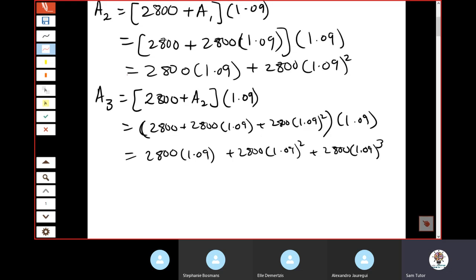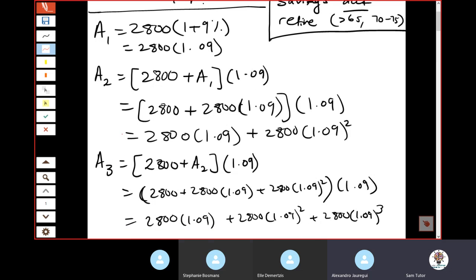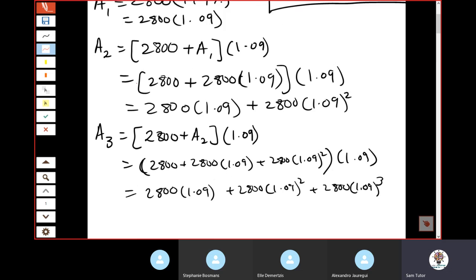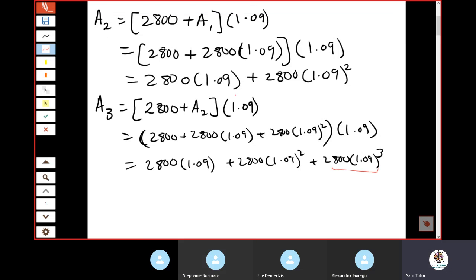The first one you put in, the very first one I put in here, if I'm in my 3rd year, how many years has it grown now? 2 times. Well, technically, but let's just say you put it in at the beginning of the year, and then you're at the end of the 3rd year. So technically it grew for 3 years. The second one you would have grown for 2 years.